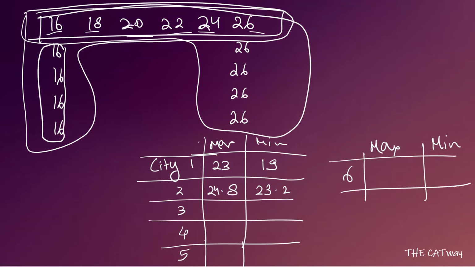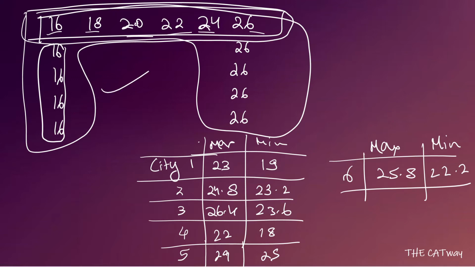For city 3 the minimum is 23.6 and the maximum is 26.4. For city 4 the maximum is 22, minimum is 18. For city 5 the maximum is 29, whereas the minimum is 25. For city 6 the maximum is 25.8, whereas the minimum is 22.2. You can calculate it for yourself. I have explained how to calculate the maximum and the minimum average.